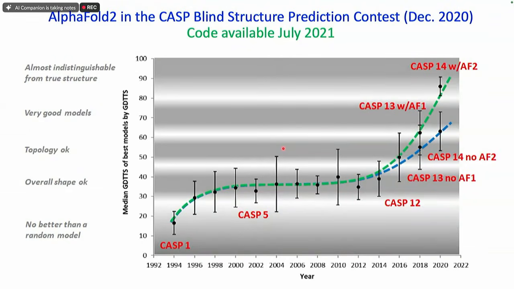So the organizers gather sequences of proteins whose structures are not yet publicly available. They're being determined. And they ask the prediction community, the computational biology community, to submit models of these proteins by certain target dates. And then when the experimental structures come out, we will assess how accurate the structure predictions are compared to the experimental structures that are then available.